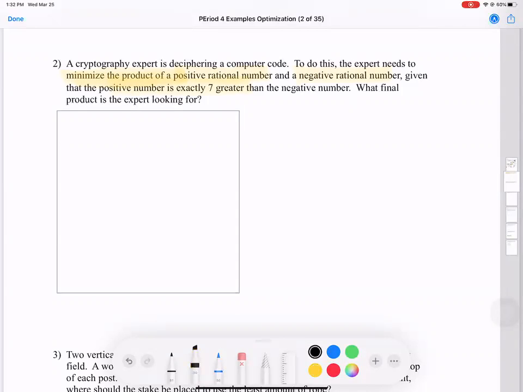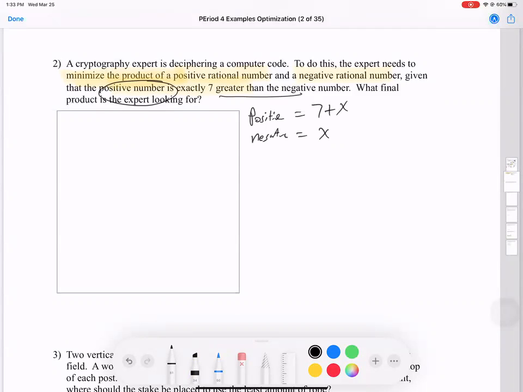So let's say my positive version and my negative, okay? Let's say the positive number is, oh wait, maybe I should switch this. Because the positive number here is exactly 7 greater than the negative. Let's call it negative x. And the positive is 7 greater than x. That seems like it's okay.